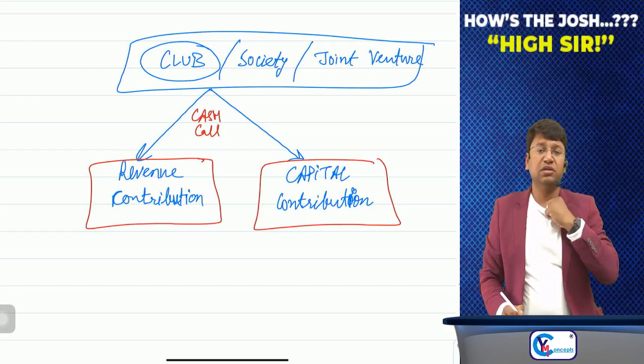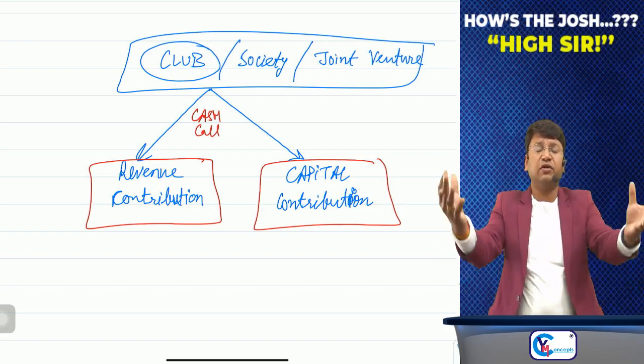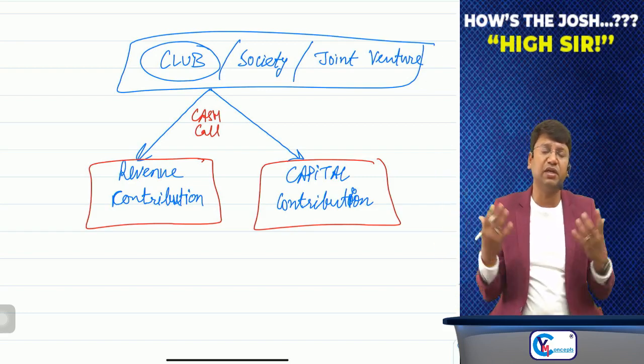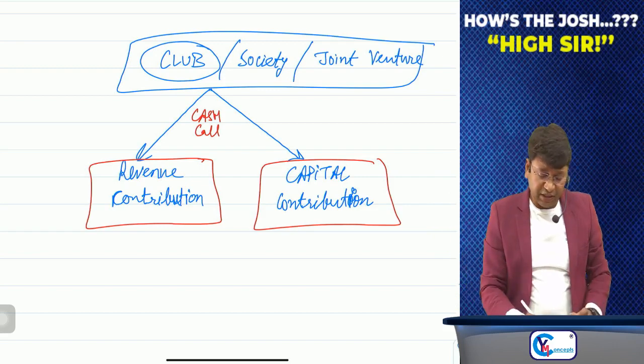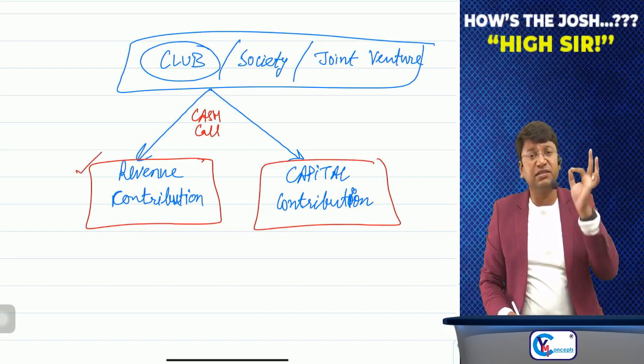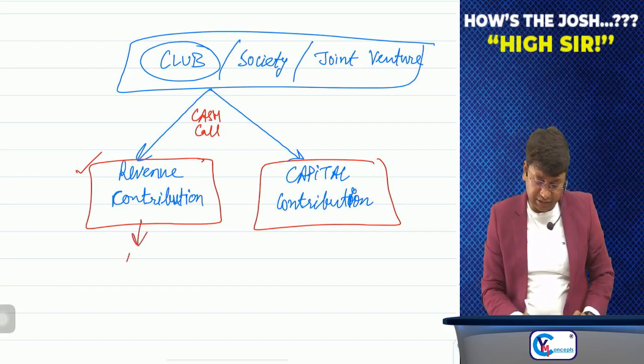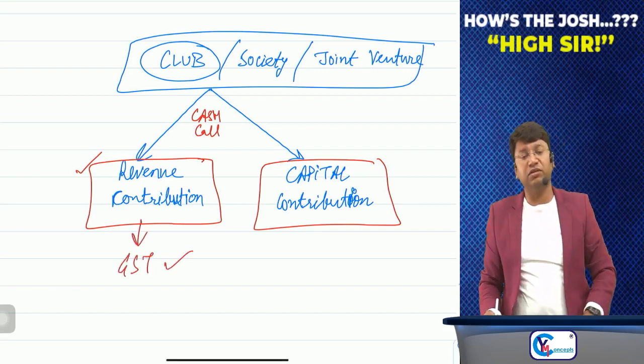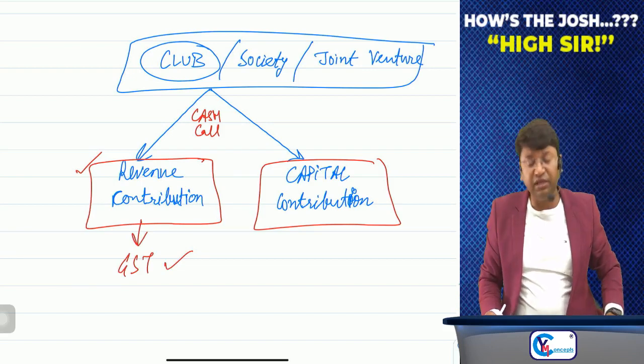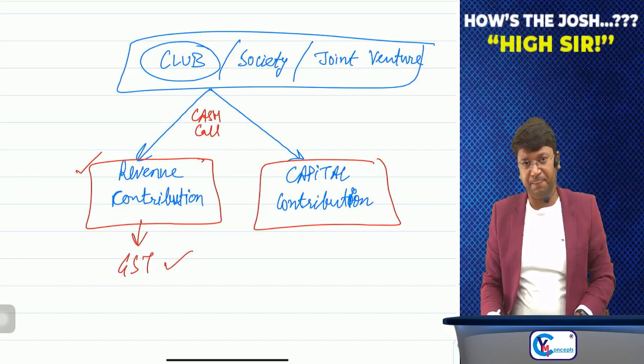So suppose any housing society is asking for a membership fee from the members of the club, it is revenue in nature, and yes, these are being paid for services being provided by the club to the member, and yes, GST will be applicable on the services provided by the AOP to the members.